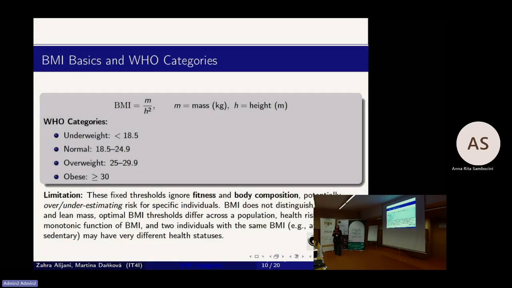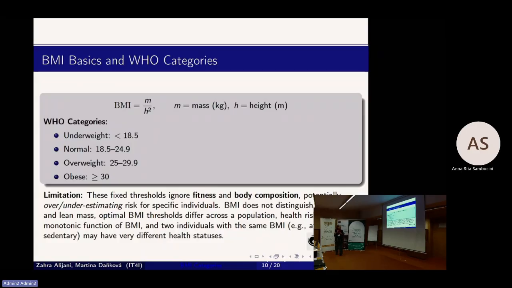But what is BMI based on the World Health Organization categories? BMI is defined as weight in kilograms divided by the square of height in meters. In the WHO categories, underweight is where BMI is below 18.5.